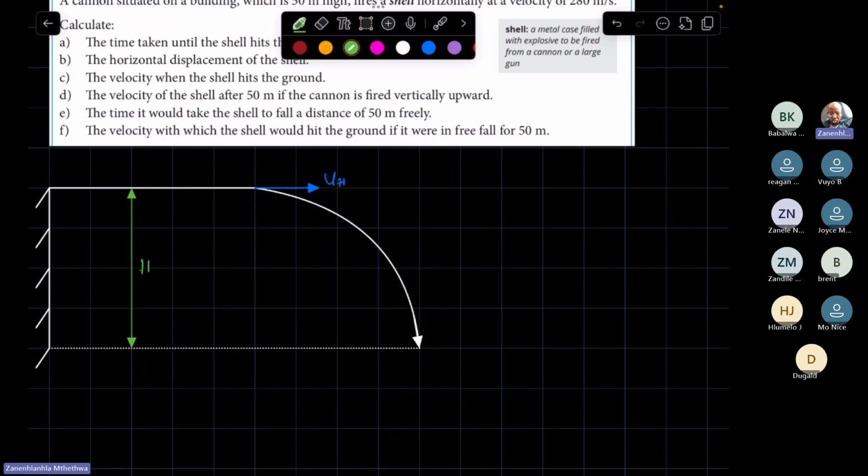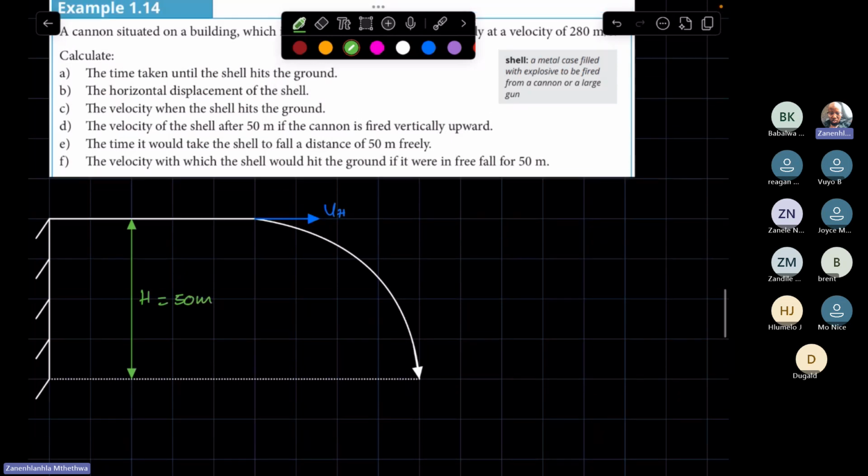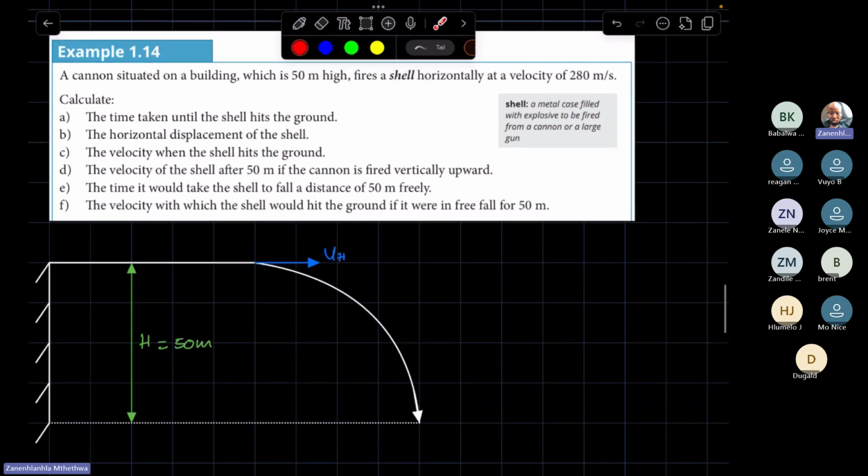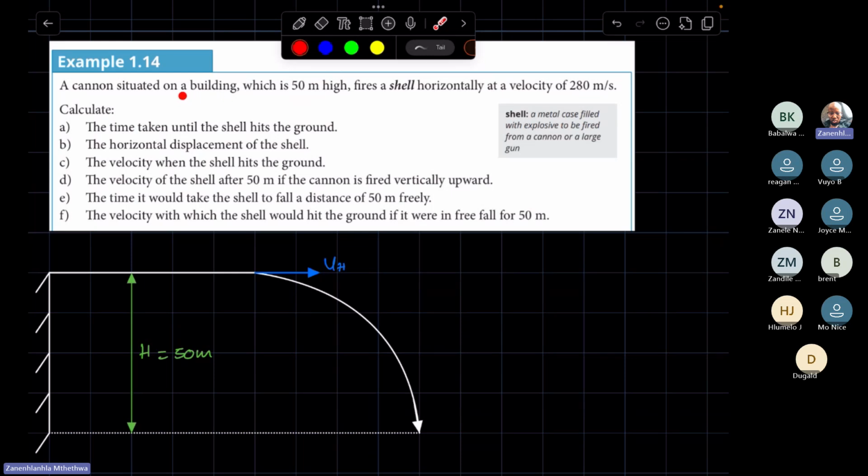So the H is equal to 50 meters, right? And then UH is given. They said a cannon situated on a building. So that's the building, which is 50 meters high, fires a shell horizontally at a velocity of 280 meters per second. So UH is 280 meters per second.